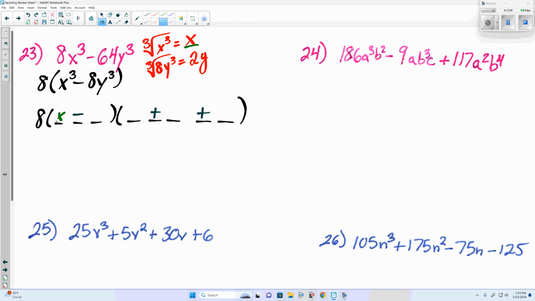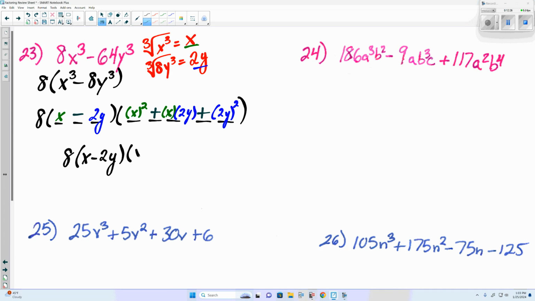First one is x, and then we would have x squared, and then x to the first. Our other term is, middle would be 2y, 2y squared. And our final answer, when we simplify, we'd have 8 times x minus 2y.